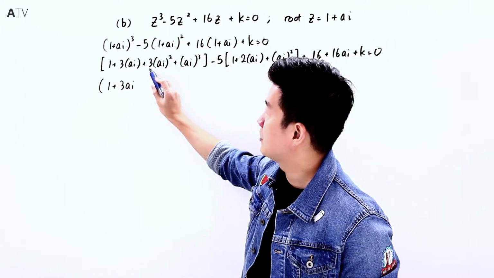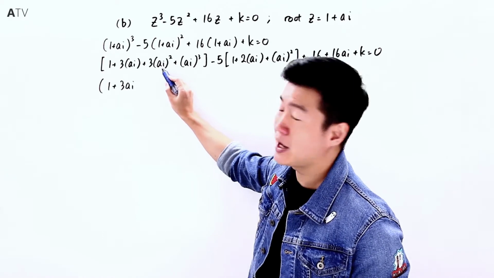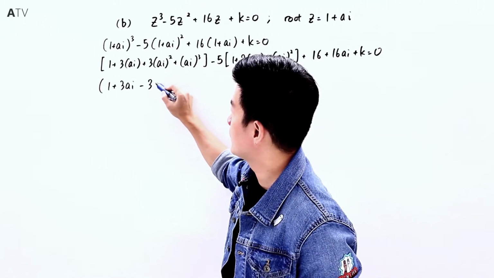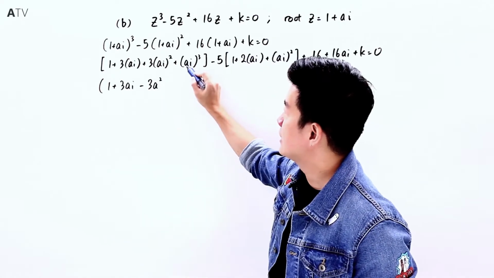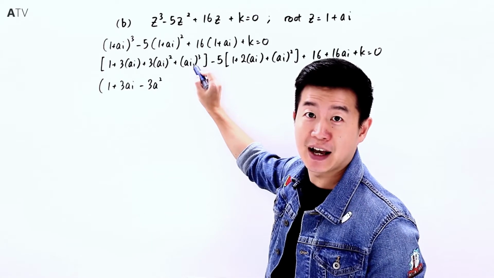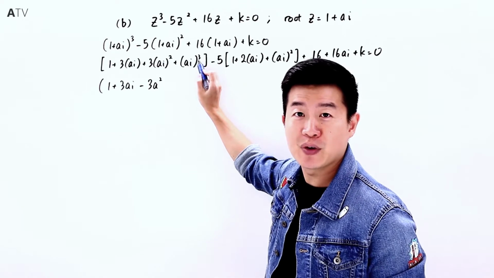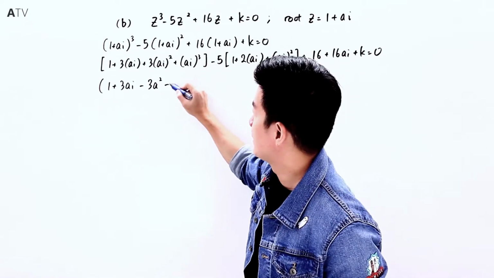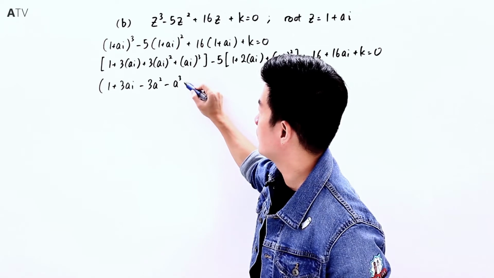What we will have is now 1 plus 3ai. Here we have a plus 3 times a squared times i squared, and i squared is minus 1, so minus 3a squared. And here it is a to the power of 3 and i to the power of 3. i to the power of 3 is negative i. So here it is minus a cubed i.